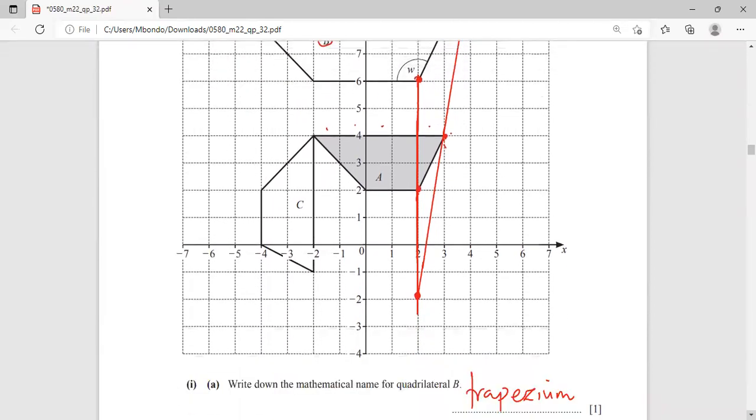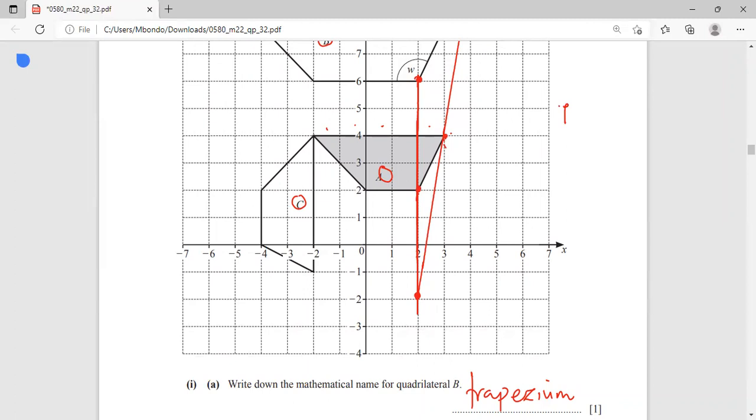Now, when you look at this, quadrilateral A onto quadrilateral C, you should bear in mind the transformations that we have: reflection, enlargement, rotation, stretch, shear.